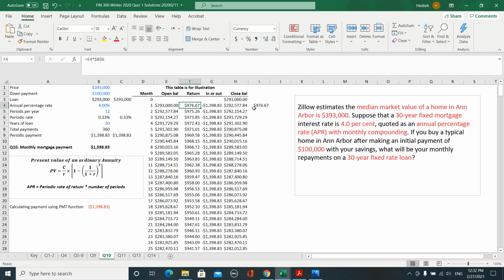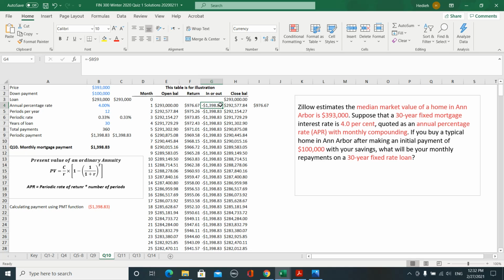So you see these two numbers are exactly the same. So that's the interest that you should pay, $976.67. And then each period you pay back $1,398.83.